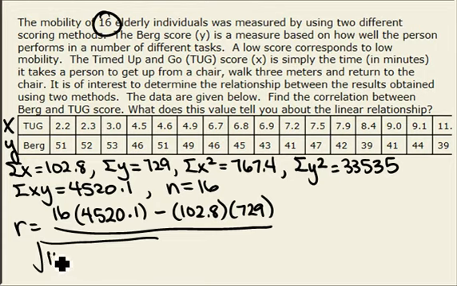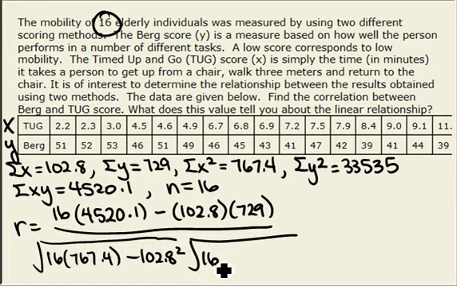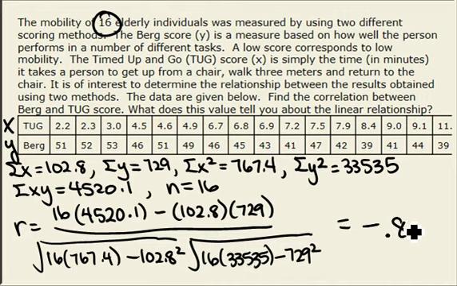So this will be 16 times 767.4 minus our sum of x's, which is 102.8, and we square that quantity. Same thing but with the y's, 16 times our 33535 minus our sum of our y's, 729 squared. So if you calculate this, what you should get back, you can double check this, is negative 0.885.